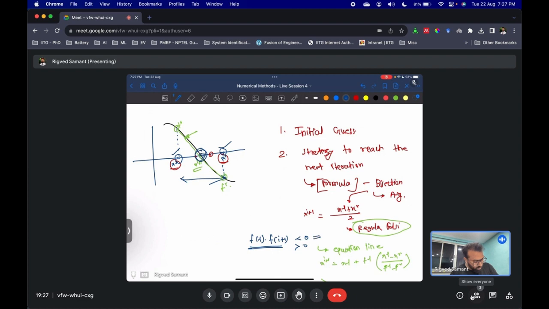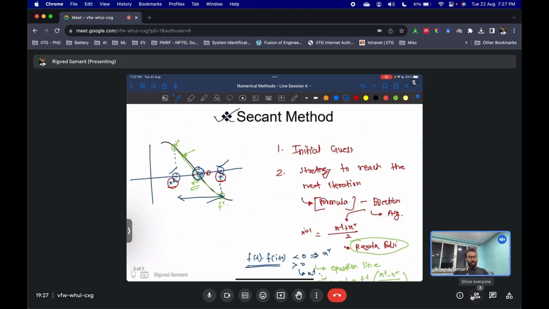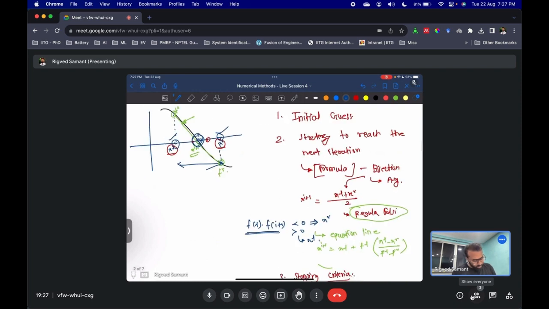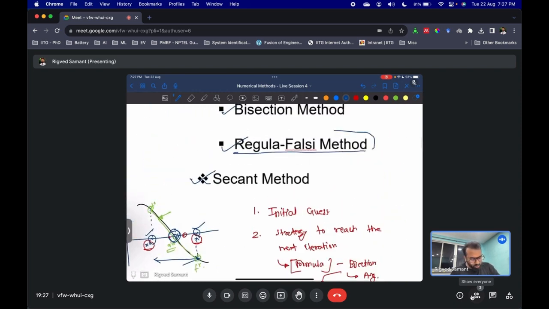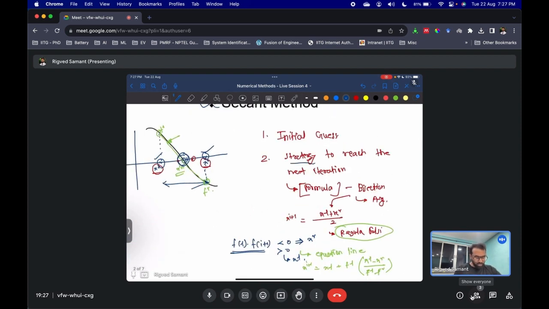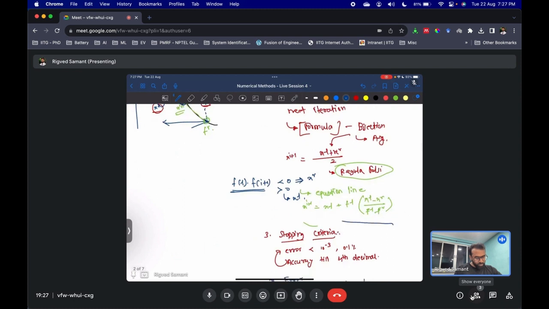If less than 0, we replace the XR. If greater than 0, we replace the XL. So whatever XL or XR you chose, it always bracketed your actual solution. But in the case of secant, it is exactly similar to the Regula-Falsi method. Your formula, this strategy, remains the same.